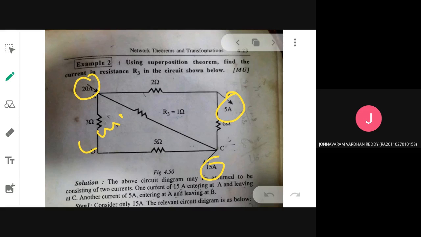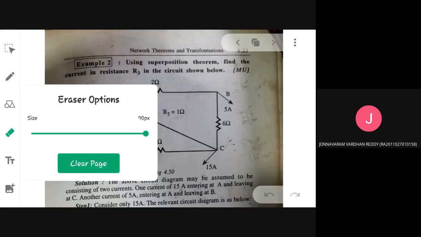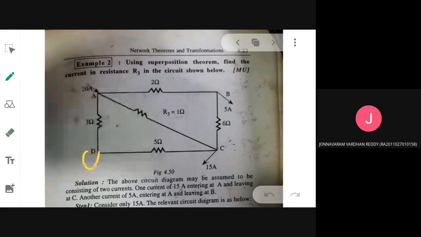Case number 1, where the current is entering here as 15 ampere, while you are going to eliminate this 5 ampere. Case 2 is where you consider this 5 ampere only, but eliminate the 15 ampere.